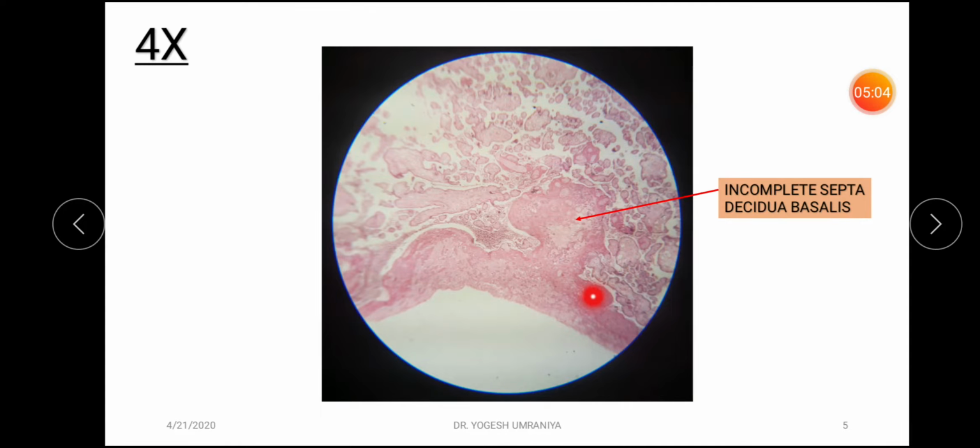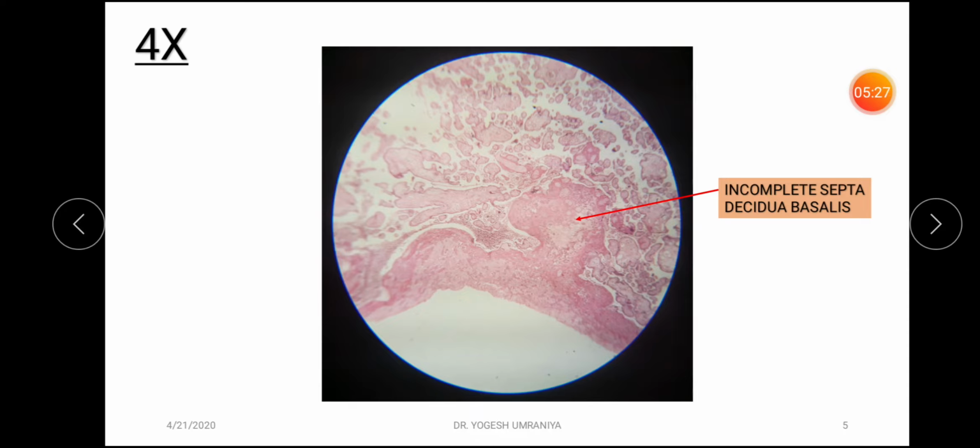So this is the decidua basalis, and this region is the chorionic villi of the chorionic plate. Now this is the incomplete septa that is sent towards the chorionic plate from the decidua basalis. So this is the image of the decidua basalis under the 4x lens.